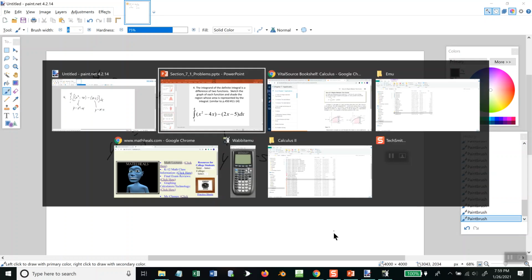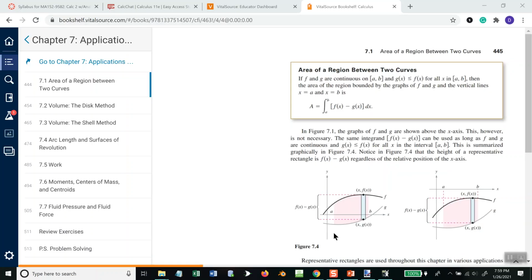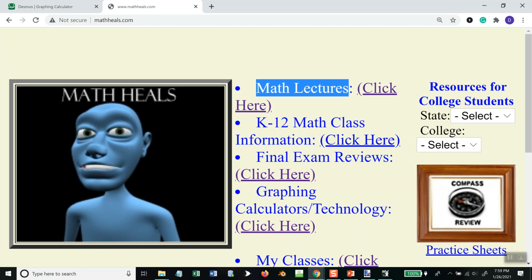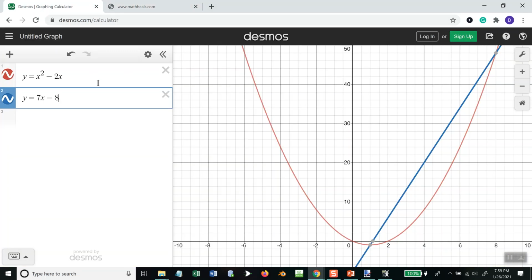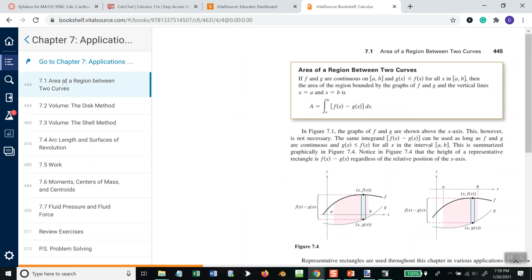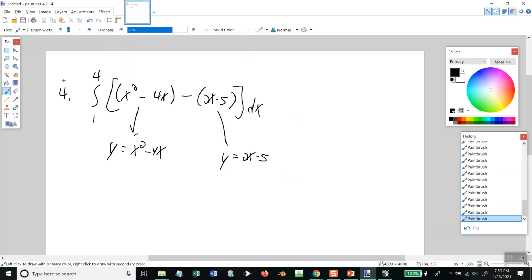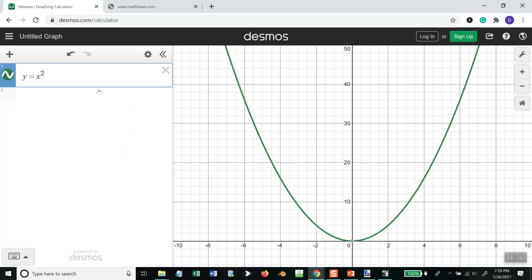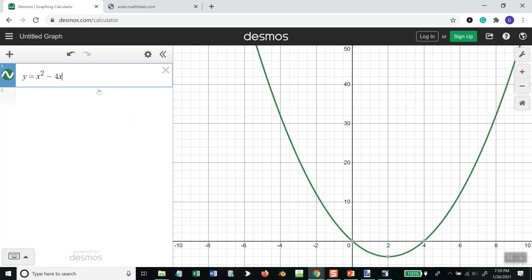So if I go to Desmos, so I can find it. Yeah, there it is. Y equals x squared minus 4x.